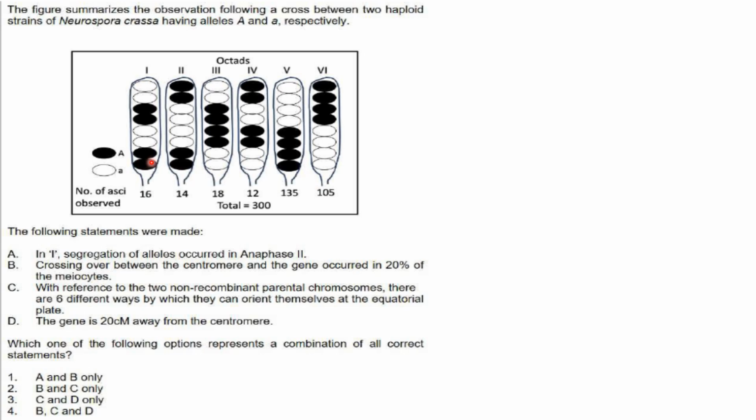Because the 2:2:2:2 combination you will get in second division segregation, whereas 4:4 or 1:1 you will get in first division segregation. So this is a second division segregation.